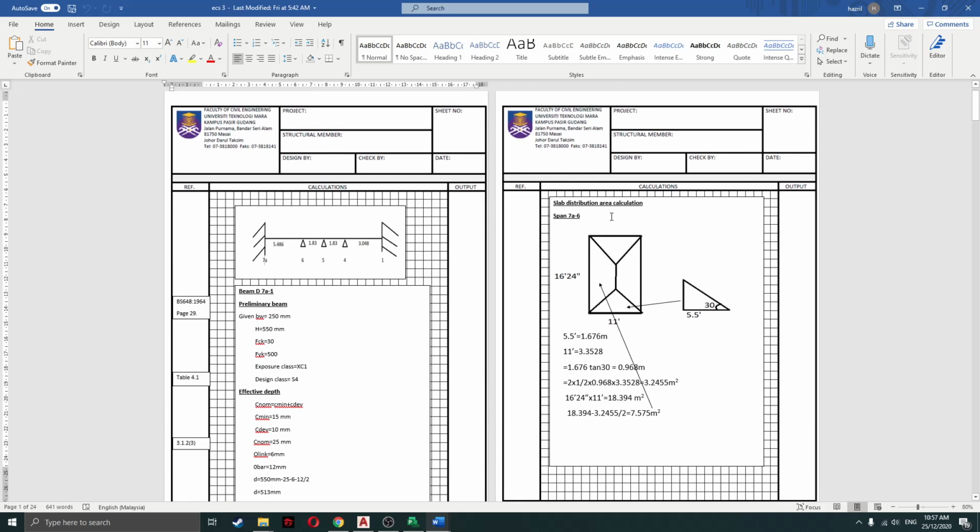Then for slab distribution area calculation, same for simply supported.